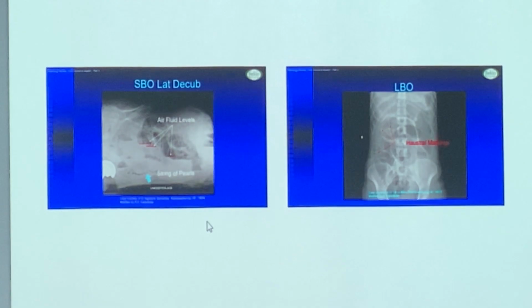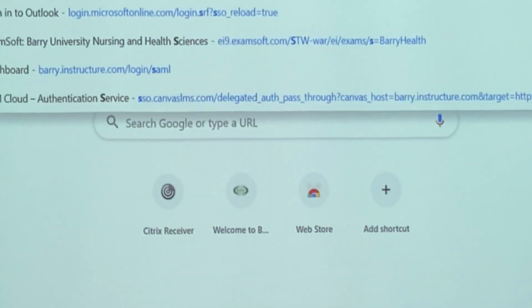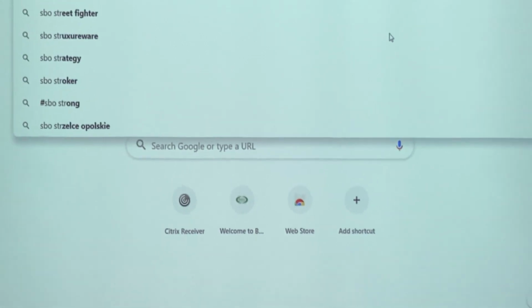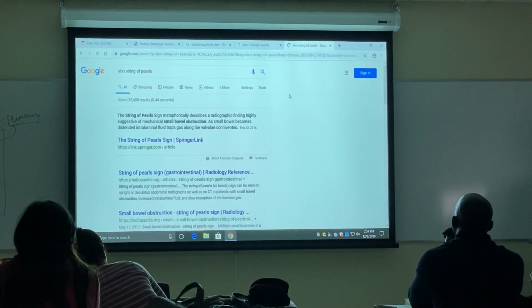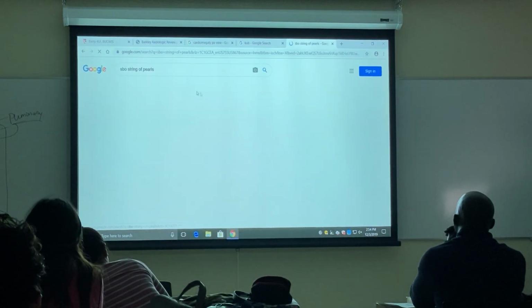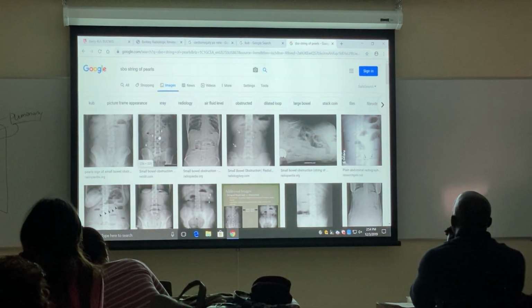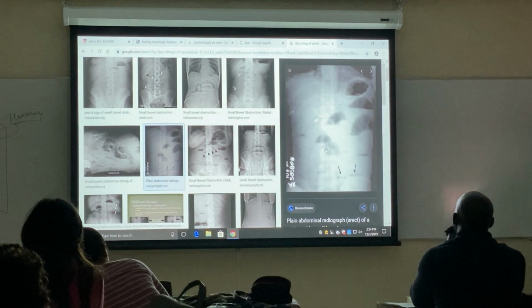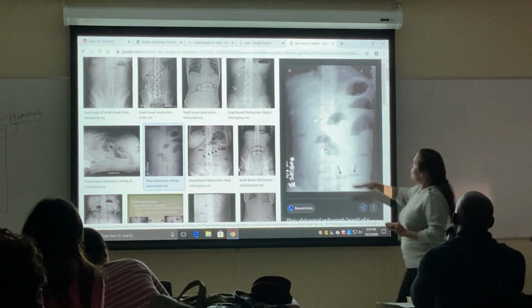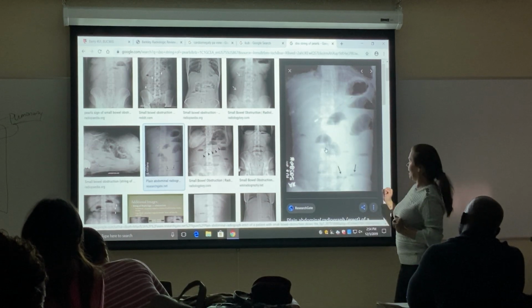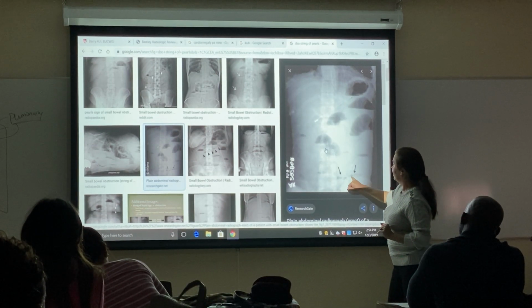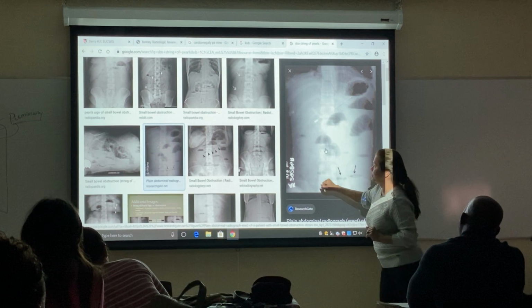Let me open a real one. Look, first, look at the bubbles going up, like in a stair, right? Look at the string of pearls, okay?